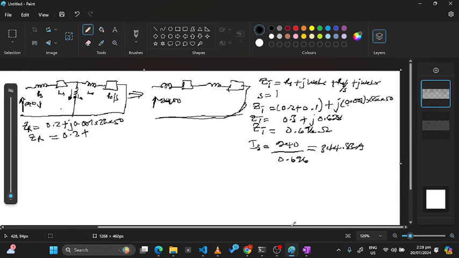Then you come here, the value you get here, you put it in parallel with this. So you find ZO, which will be equal to jωe. So ωe will be 2 pi times 50, then times 0.04. That's 40 millihenries.